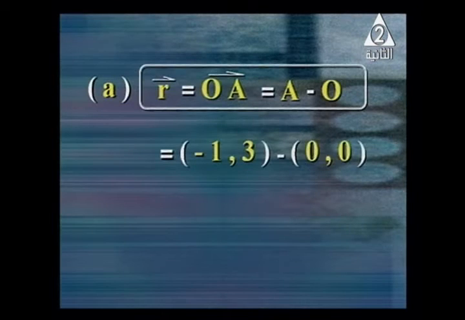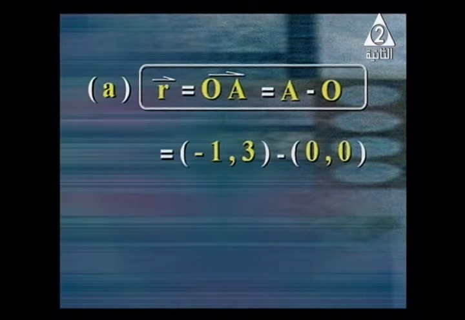Number A, what is the meaning of R? R is the position vector from the origin point to A. We have 2 points, O and A. R vector equals OA vector equals A minus O.